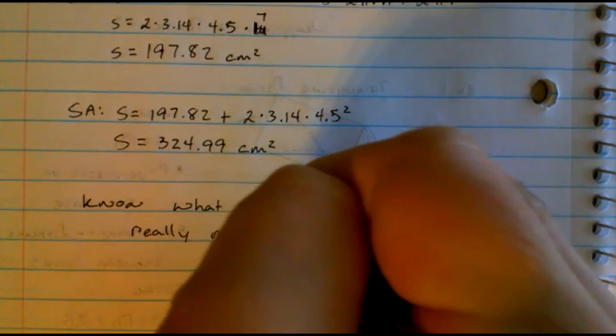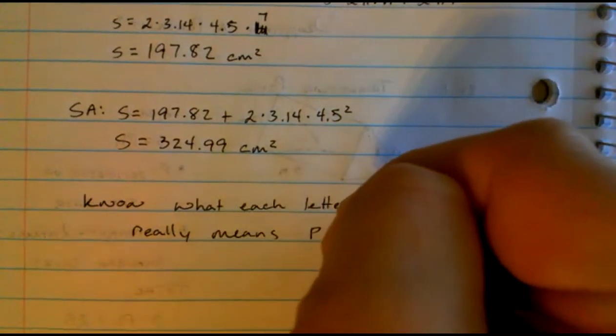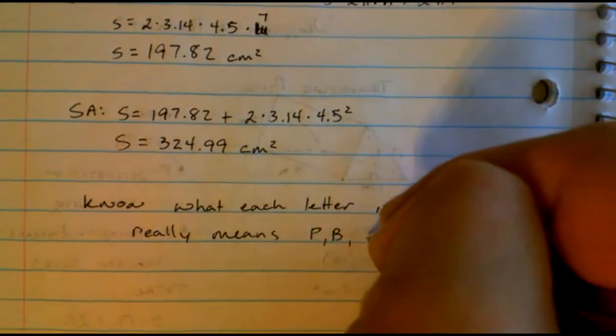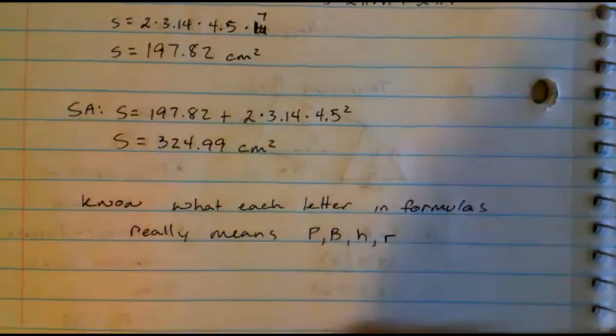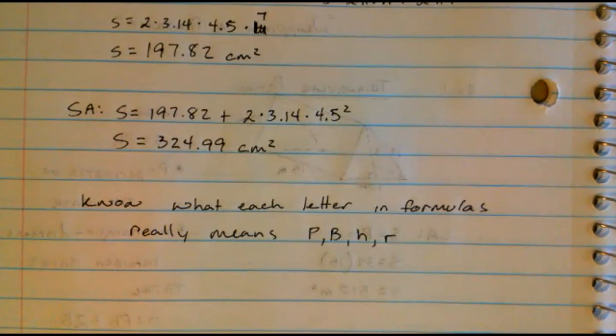So capital P, capital B, the lowercase h, and the R. What do those letters really mean? For R, most of us know. For H, we want to say height, but we really want to emphasize that that is the distance between the bases, not just the height of the object.